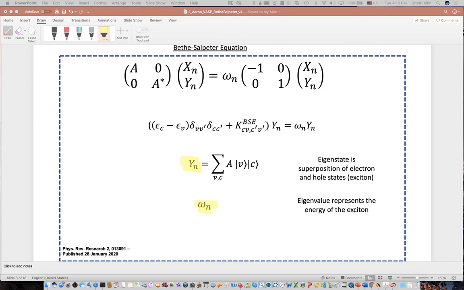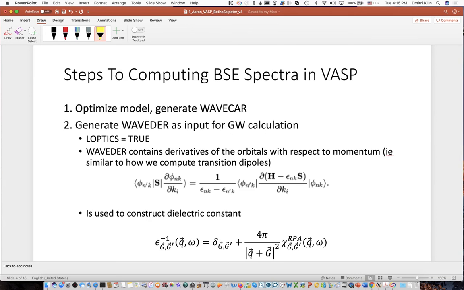Okay, so those are the two main observables to try to extract from VASP in their output files. And so next slide. So the first step is like our usual protocol. So just optimize your model, then generate a healthy wavecar.